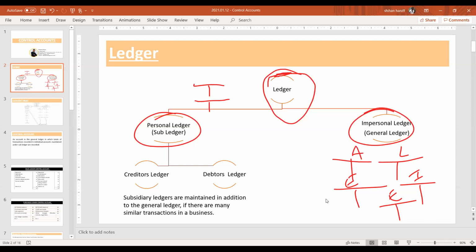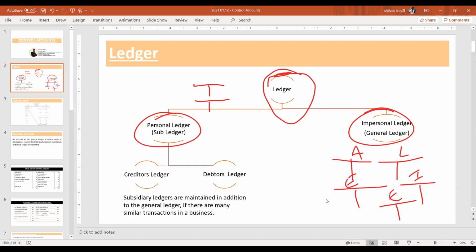When the businesses are very small scale, they will have only the general ledger. But when they expand, when there are thousands of customers and suppliers, to manage them, businesses will prepare separate ledger accounts.